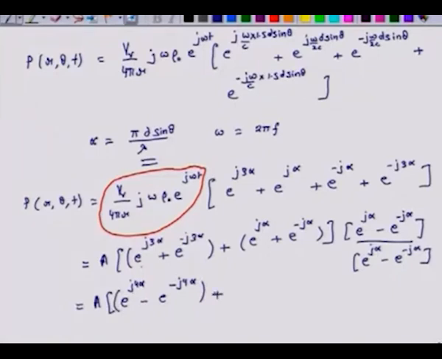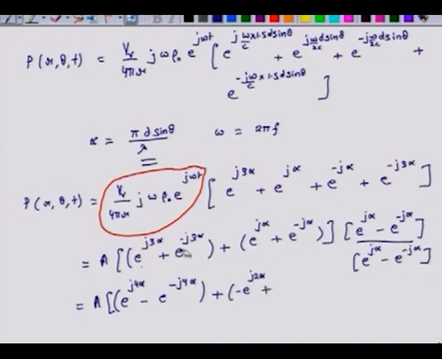Then I multiply e^(j 3 alpha) with e^(minus j alpha) to get minus e^(j 2 alpha), and then I multiply e^(minus j 3 alpha) with e^(j alpha) to get e^(minus j 2 alpha).